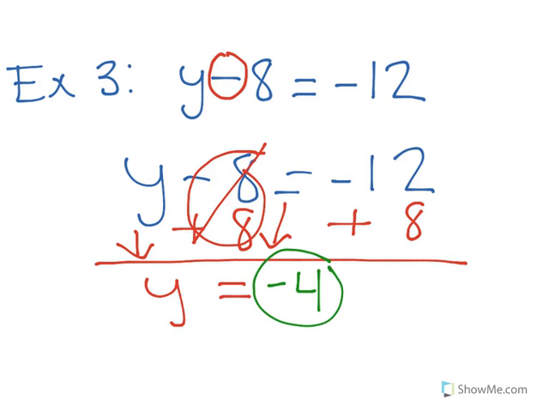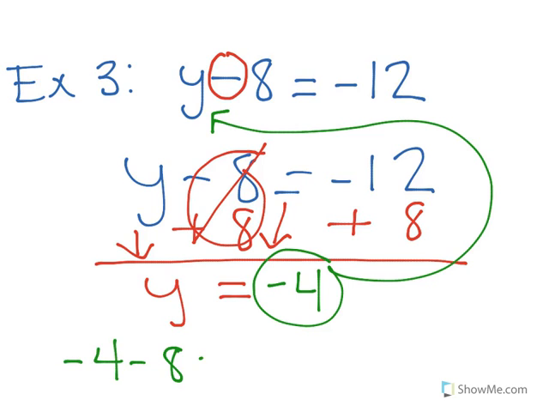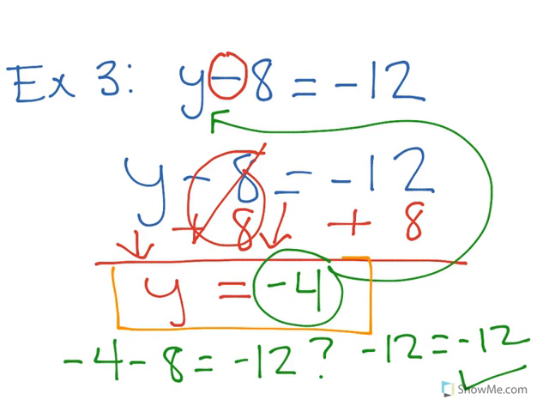I'm going to plug my negative 4 back into my equation. Does negative 4 minus 8 equal negative 12? And negative 12 does equal negative 12. So my equation checks out, and my final answer is y equals negative 4. That brings me to the end of this lesson on solving addition and subtraction equations.